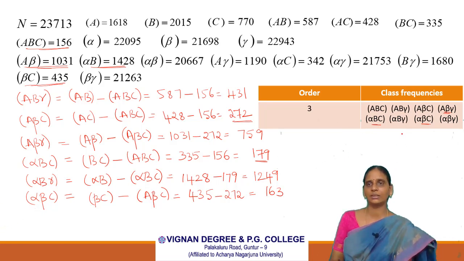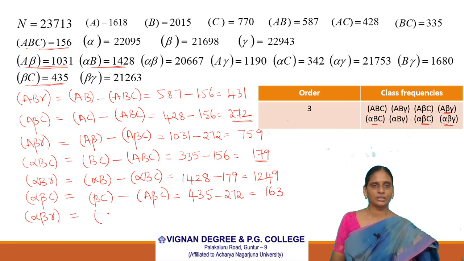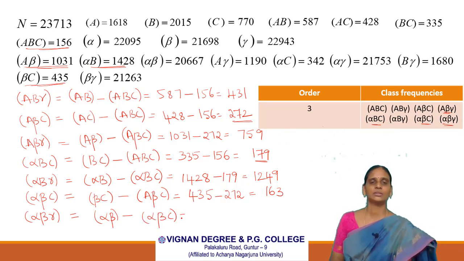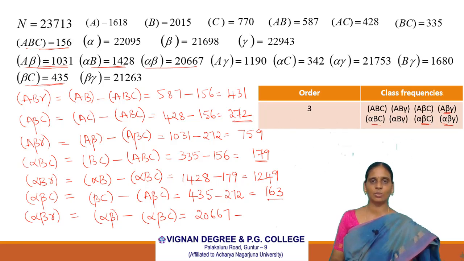And the last class frequency, that is frequency of alpha beta gamma, is equal to frequency of alpha beta minus frequency of alpha beta C. This is equal to frequency of alpha beta value 20,667 minus frequency of alpha beta C value 163.